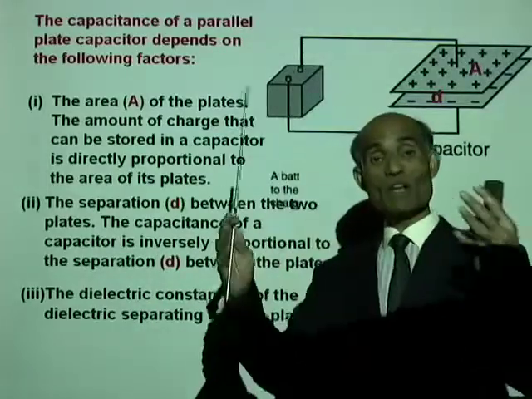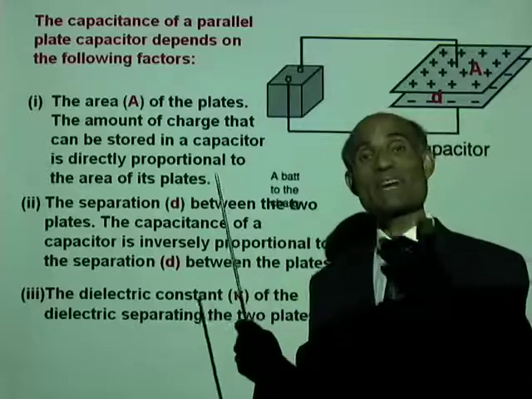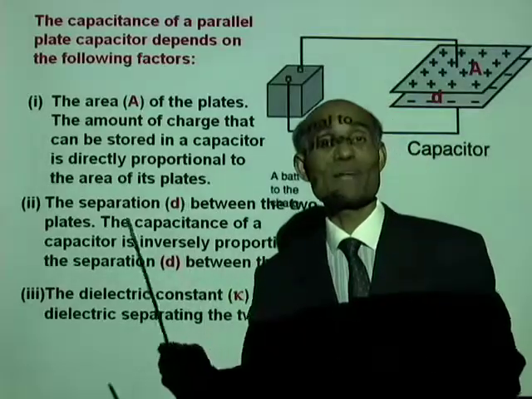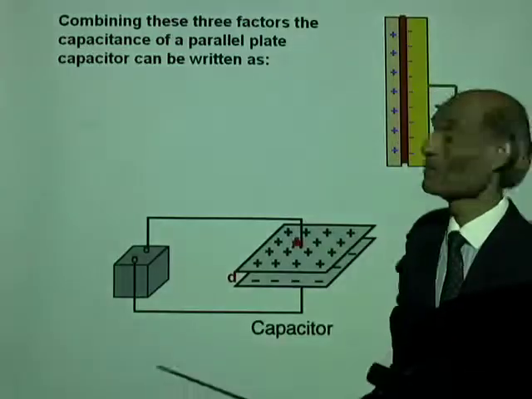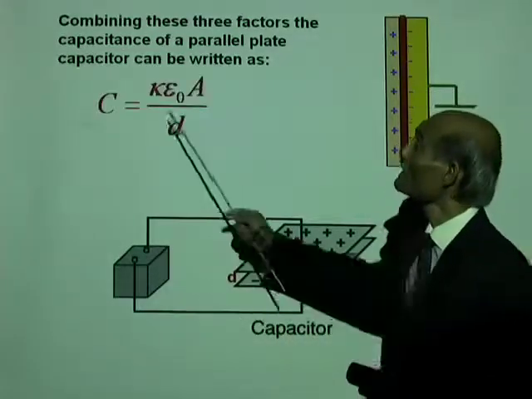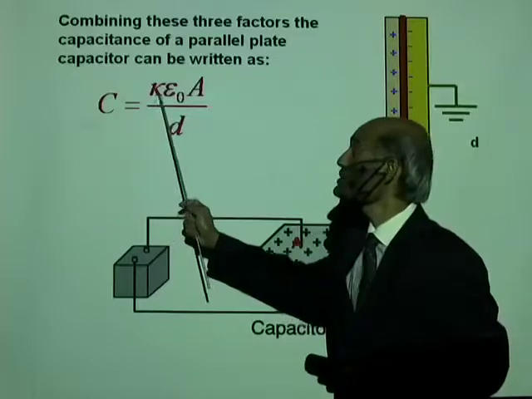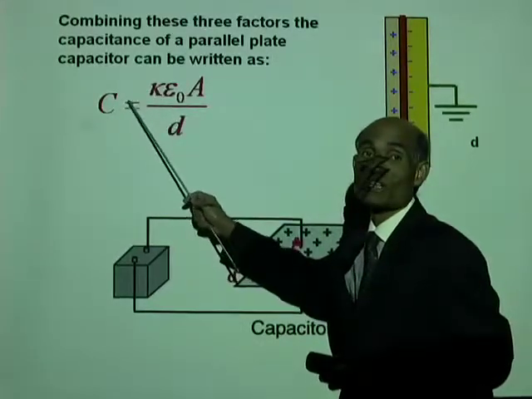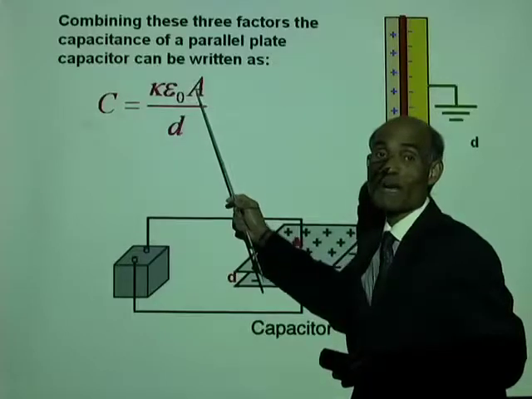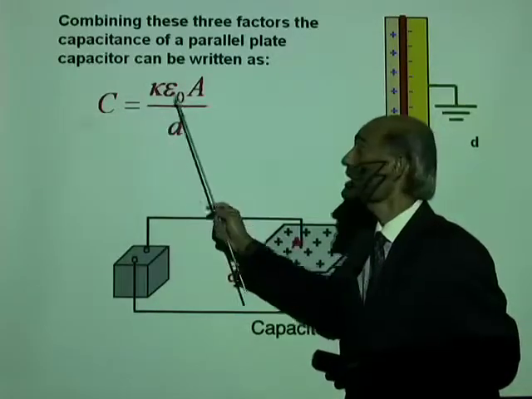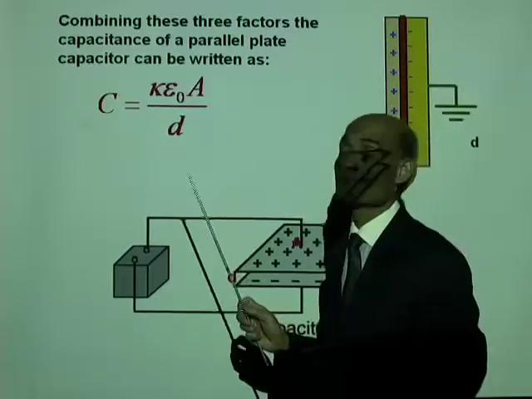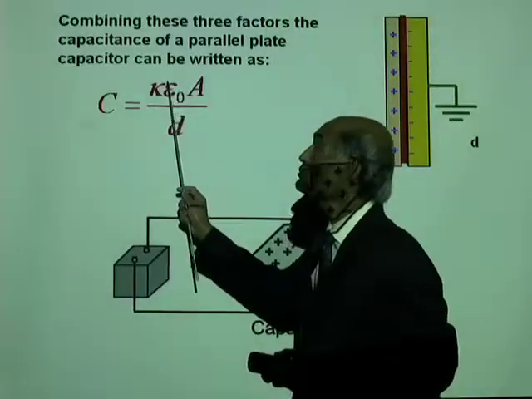Now, can you combine all these and write an equation for capacitance of a parallel plate capacitor? Well, yes, we can. C is directly proportional to kappa, it is directly proportional to the area of the plates and inversely proportional to the plate separation. That means I can now use a constant.